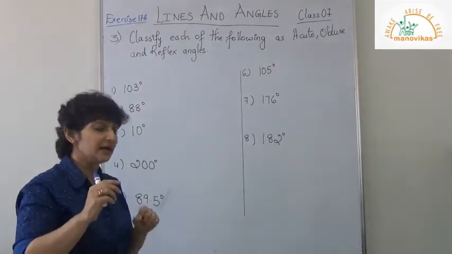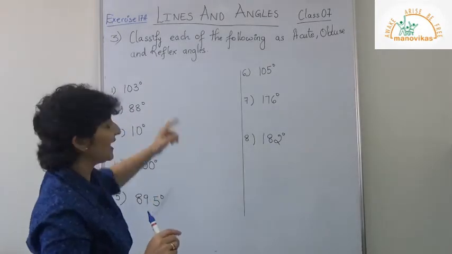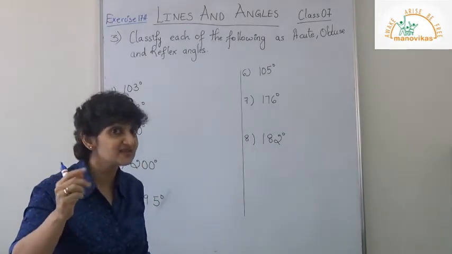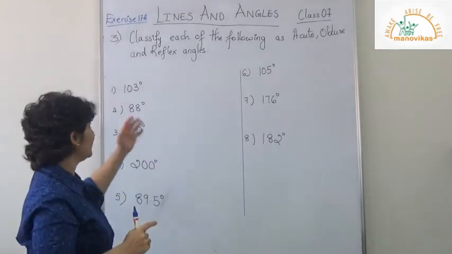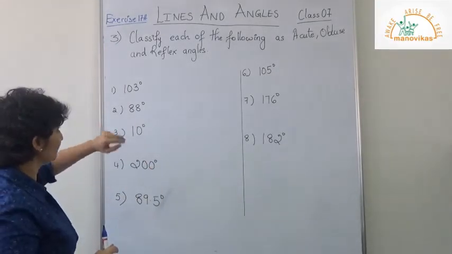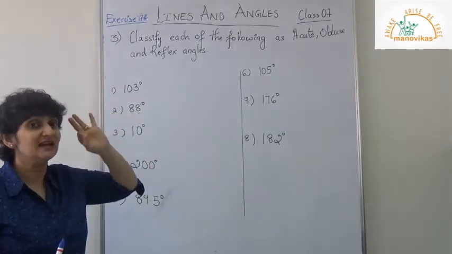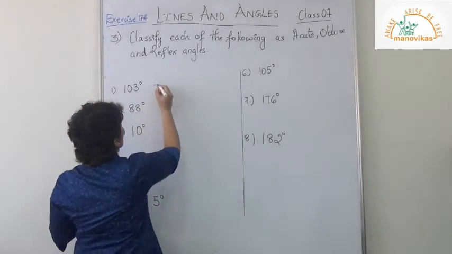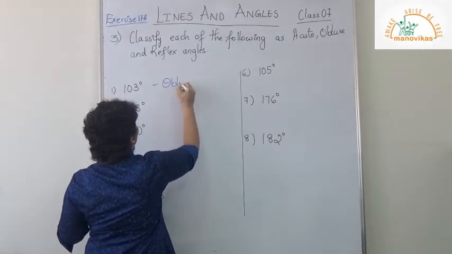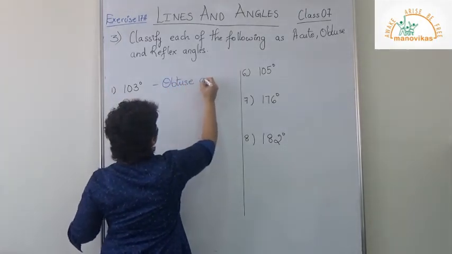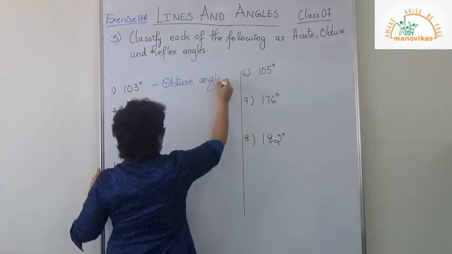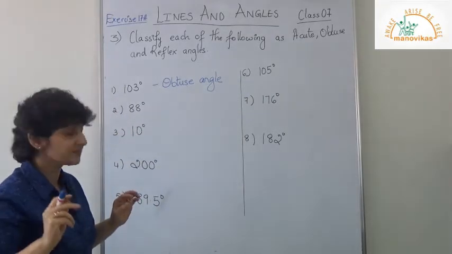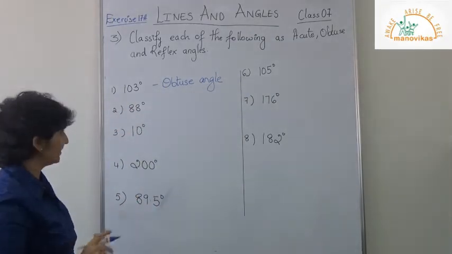And reflex is more than 180 degrees but less than 360. So let's classify. 103 degrees, children. So what do you think it is? This is an obtuse angle. Why, children, is it an obtuse angle? Because it is more than 90 degrees.